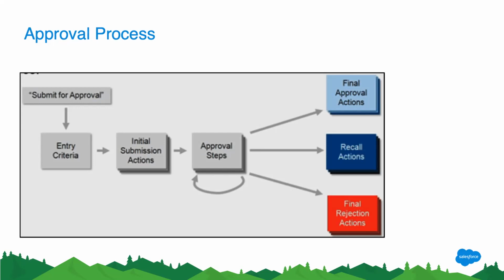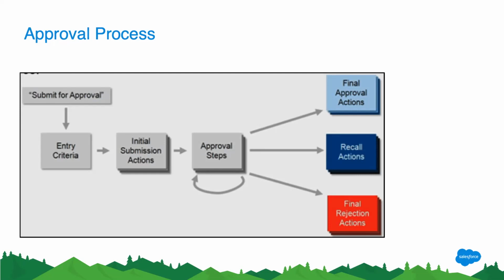So the moment you submit a record for approval, let me pick an example: you have created a bill, an expense, and you have to submit it for approval, right? Without approval, the accounts team will not be able to pay you back.